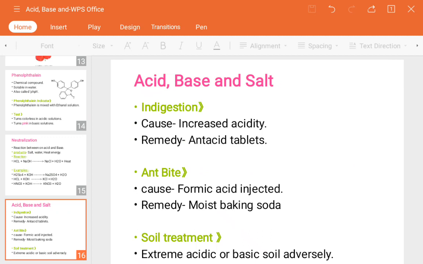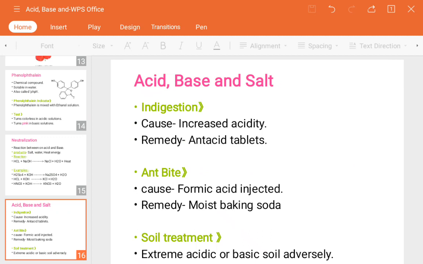That's why the soil pH should always be maintained in a balanced range. It should be neither acidic nor basic. It should be good quality soil, then only can the plants grow easily. That's why extremely acidic or basic soil adversely affects plant growth.